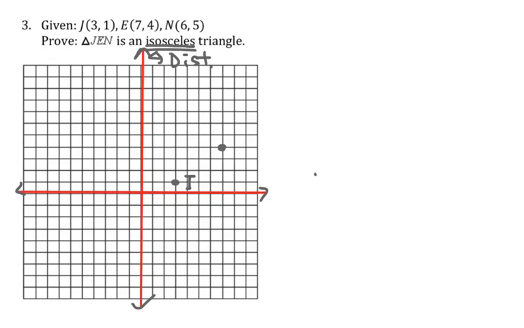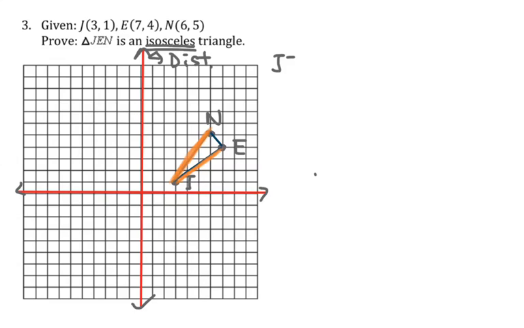That's E. And (6, 5), and it's N. So if I have to connect them together, it looks like the two sides that should be congruent seem to be JE and JN, because NE seems to be too short. So instead of doing all three sides, we can just focus on those two sides.